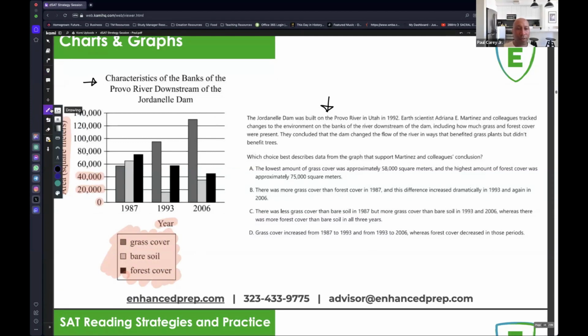So what do we notice? Well, in this one, we notice that as the years increase, this forest cover goes down. We can see as the years increase, this bare soil goes down then up, right? And then our grass goes up, right? So we have three different trends that we notice from all of these.